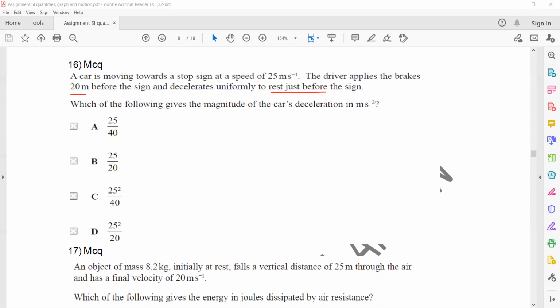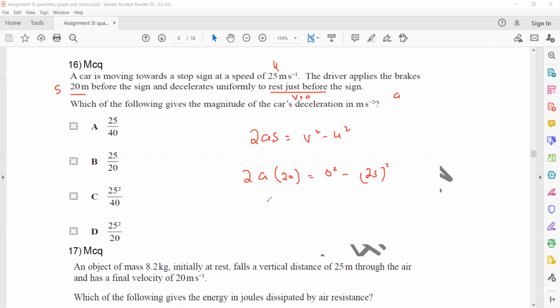So how can we work out the deceleration of the car? We know the initial velocity, we know the distance, we know the final velocity is 0, and we need the deceleration. The equation which relates these quantities u, v, a and s is the equation of motion: 2as is equal to v squared minus u squared. So 2 times acceleration times the distance, which is 20. The final velocity is 0 and the initial velocity is 25, so it will be 25 squared.